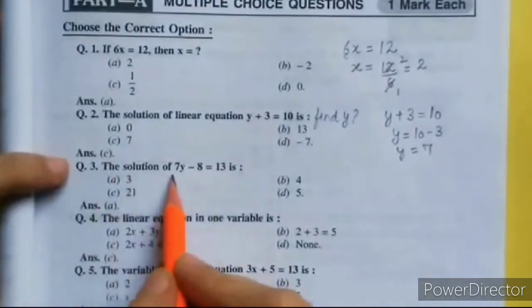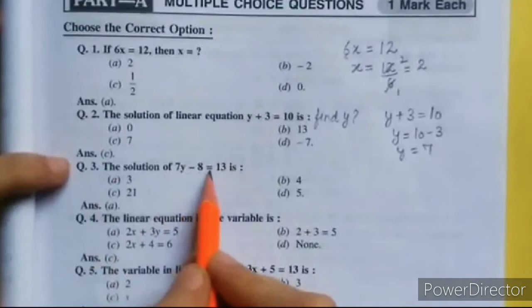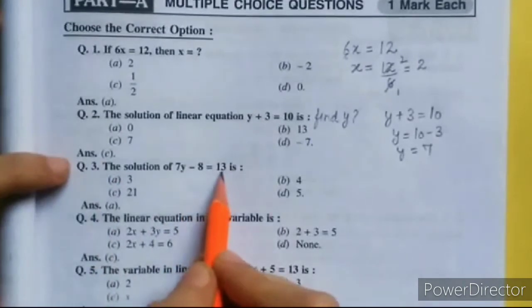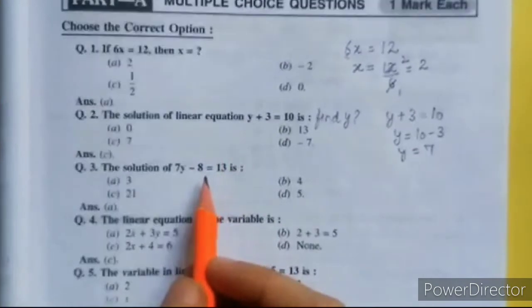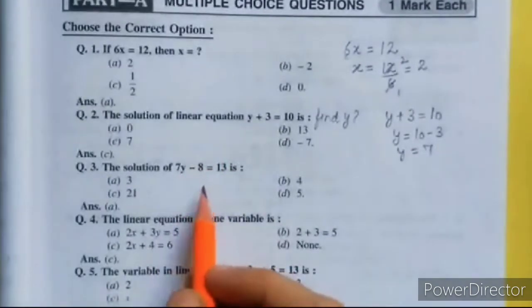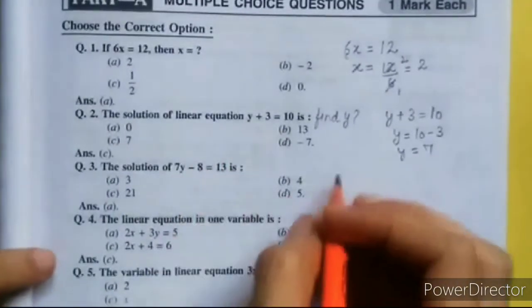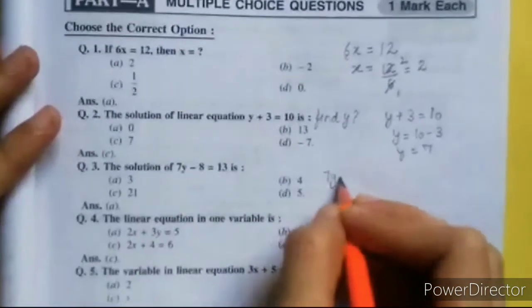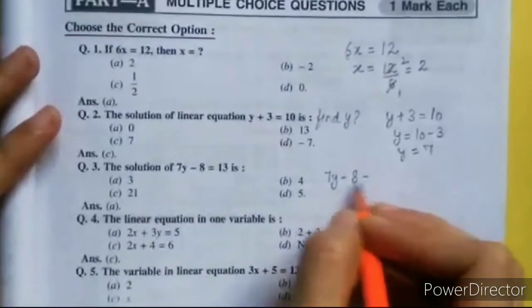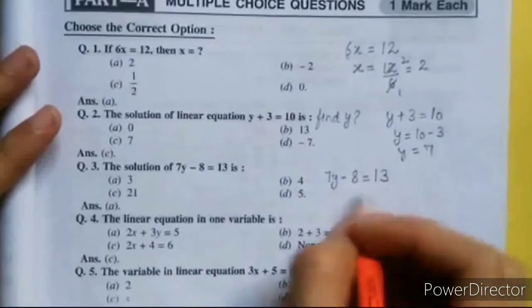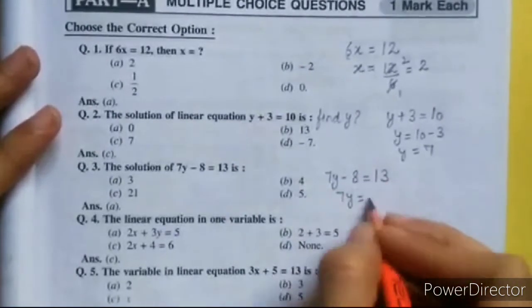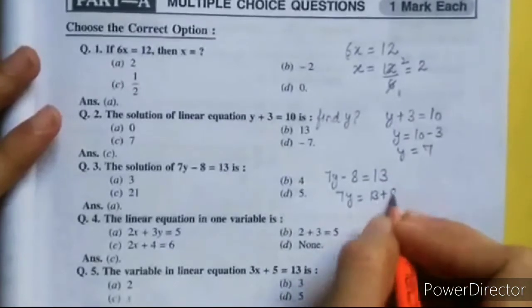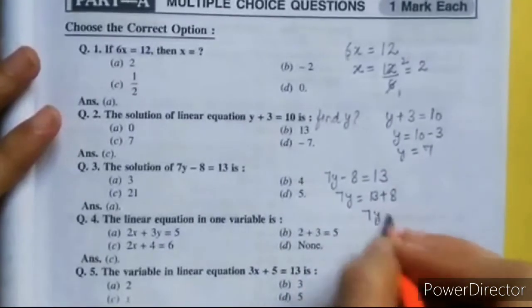Third question, the solution of 7y minus 8 equal to 13 is. Same type of question as the second and third. 7y minus 8 is equal to 13. First we'll shift 8 to the right hand side. It will become plus. 13 plus 8 is 21.